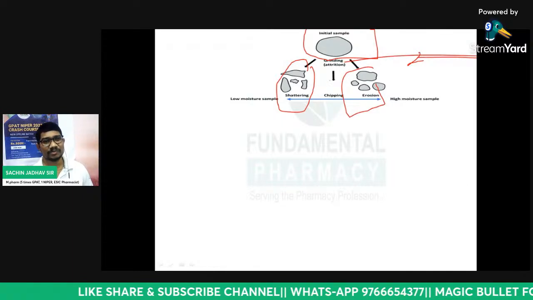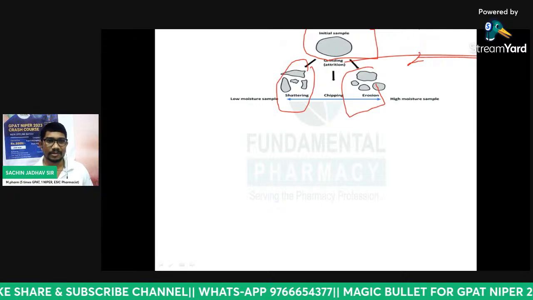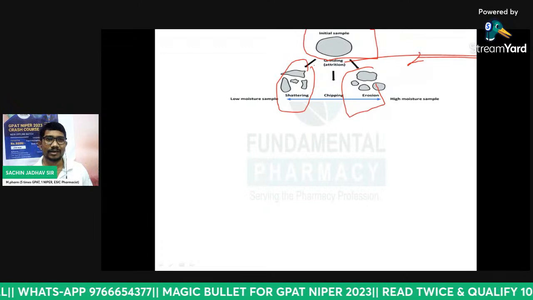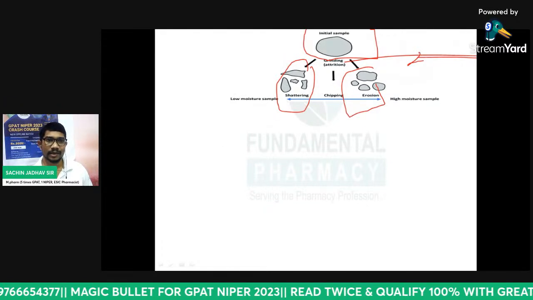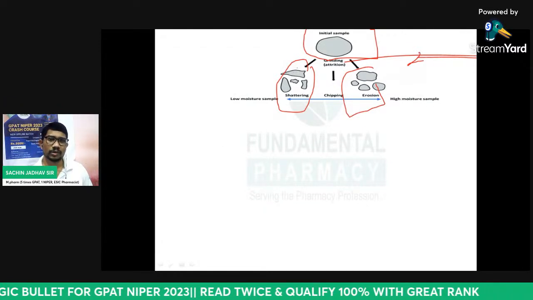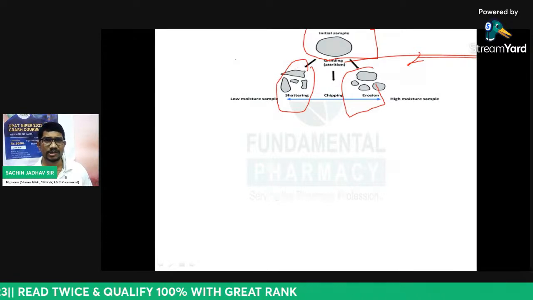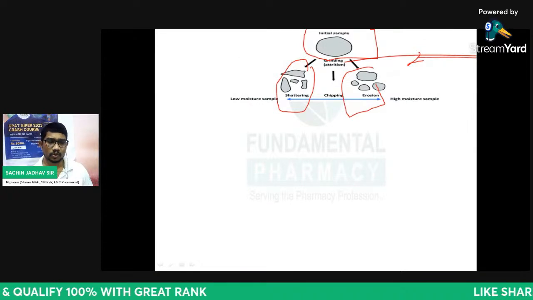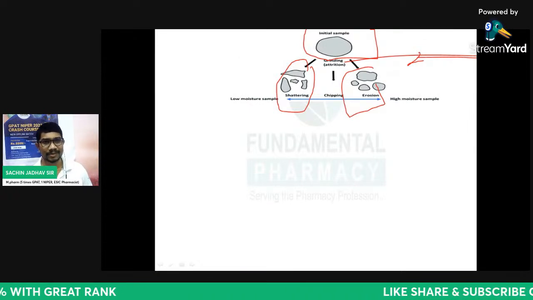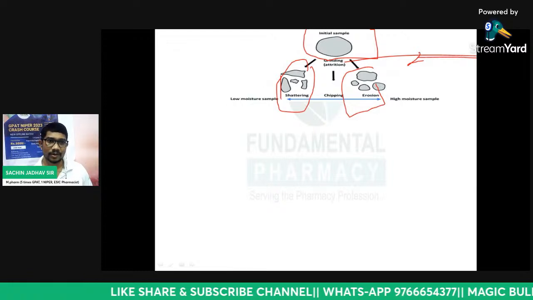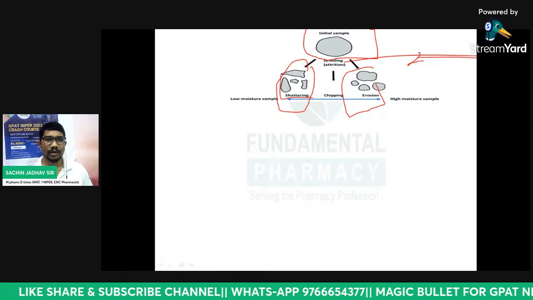Now it is done by various mechanisms. If your sample has a low moisture content and you do the grinding or milling, you are going to get these kinds of particles known as shattering. अगर आपके ओरिजिनल सैंपल में मॉइस्चर कंटेंट ज़्यादा है, उसको अगर मिलिंग करेंगे, तो आपको erosion मिलेगा.